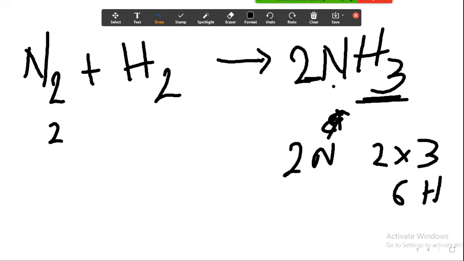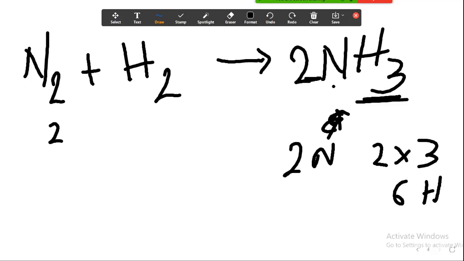Do you understand the significance of writing a number to the left of a molecule? Please say yes or no. If you have any question, please let me know.